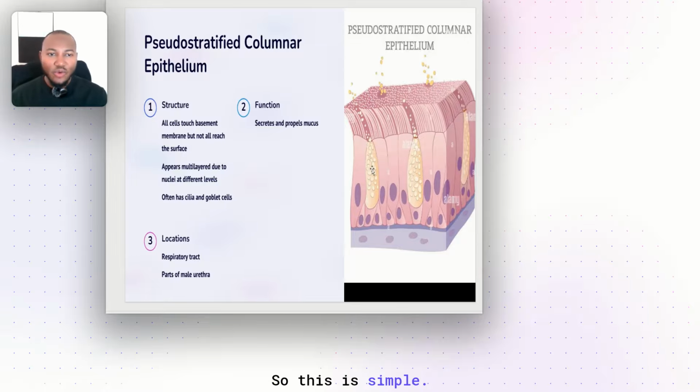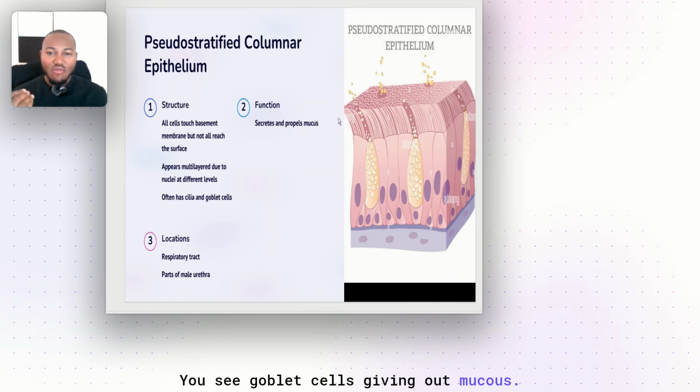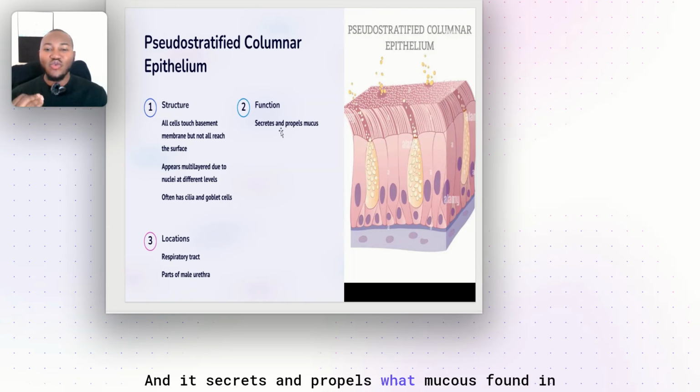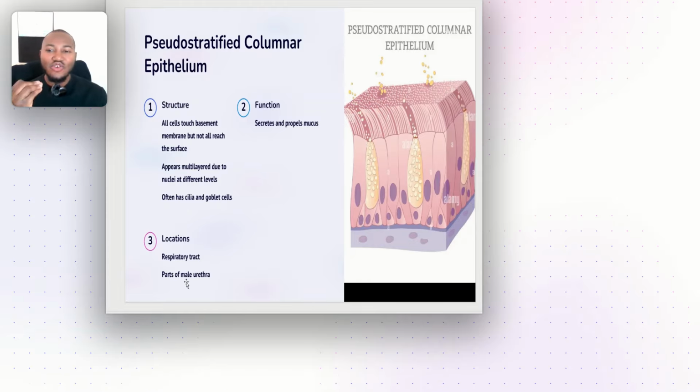So this is pseudostratified columnar, not simple columnar. This is the cilia, you see? Goblet cells giving out mucus. So it often has cilia and goblet cells, appears multi-layered due to nuclei at different levels, but it's actually one layer. That's the most important thing. And it secretes and propels what? Mucus, found in the respiratory tract, and also some parts of the male urethra.